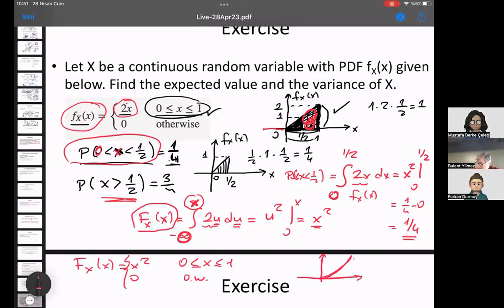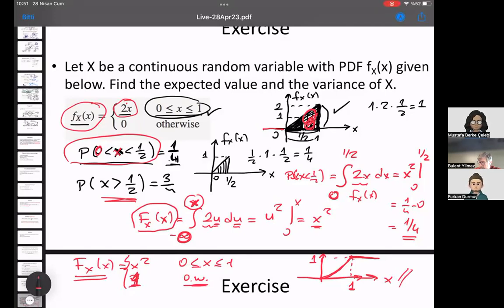Until that point, it will reach up to 1, and then after that, it will be equal to 1. Is this clear, guys? How I find out the CDF and how I draw it between 0 and 1? Otherwise, it should not be 0, it should be 1.